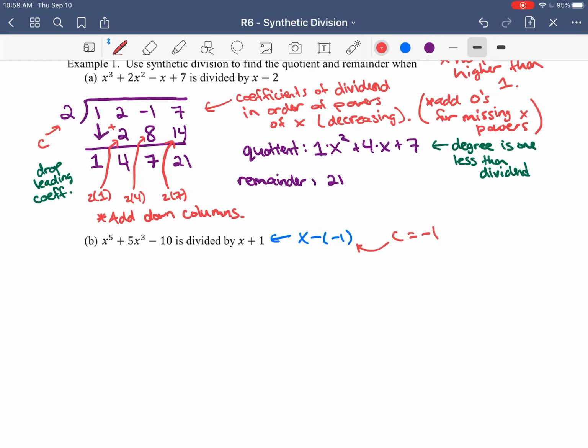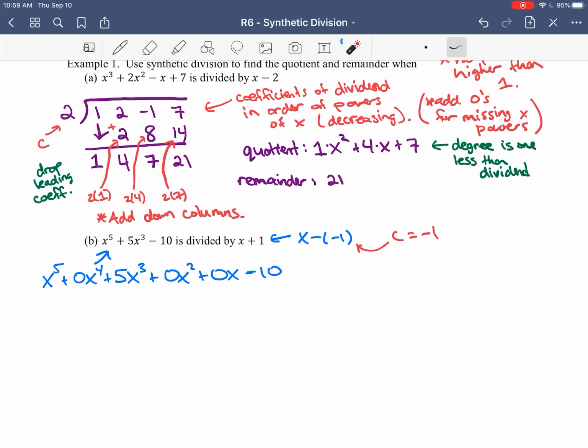is actually minus 1. Another thing you want to notice is this polynomial is missing powers of x. So it's actually x to the 5 plus 0x to the 4 plus 5x to the 3 plus 0x squared plus 0x minus 10. When you're missing powers, you want to think of the coefficient as 0.